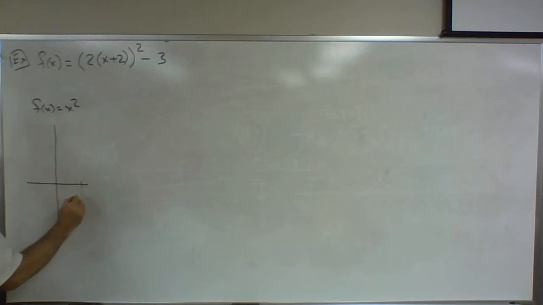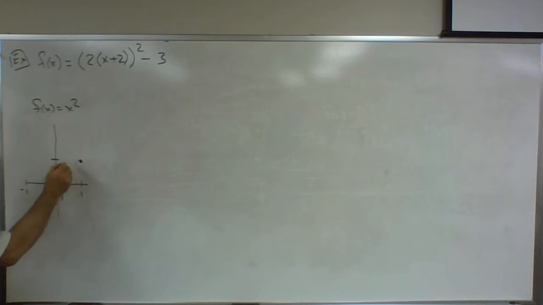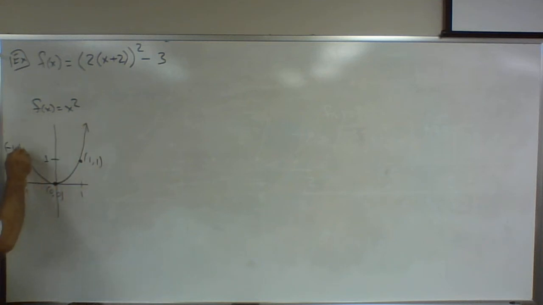And I got my old friends, -1, 0, and +1 with me. And when x is 1, x squared is 1. When x is -1, x squared is +1. And when x is 0, x squared is 0. So, bingo, there's my graph.